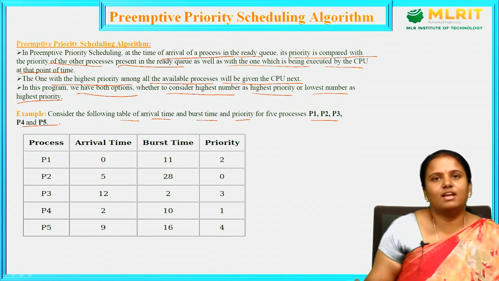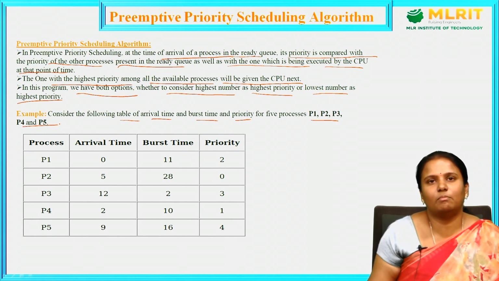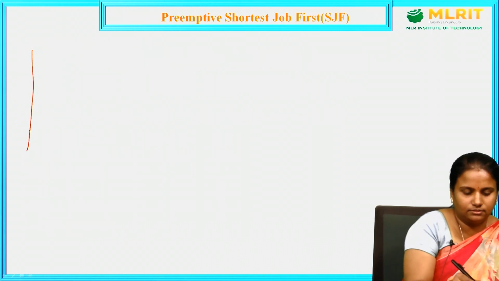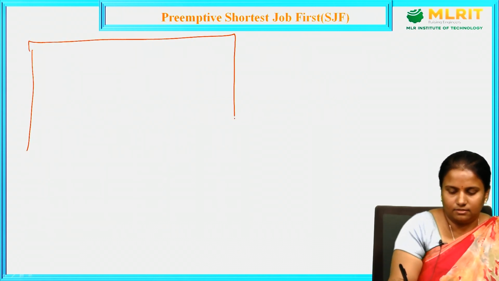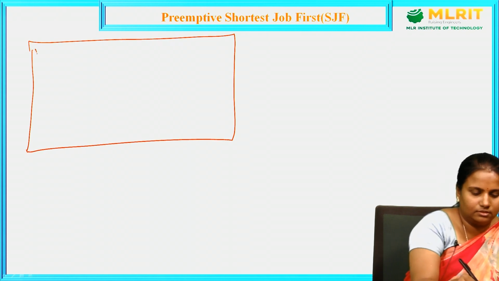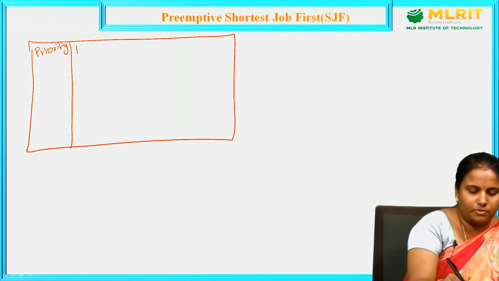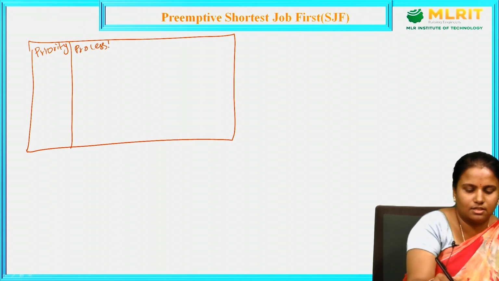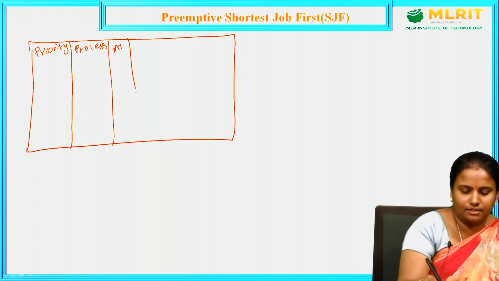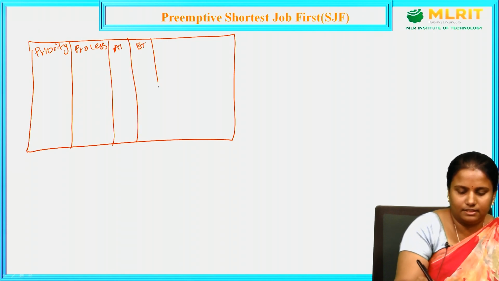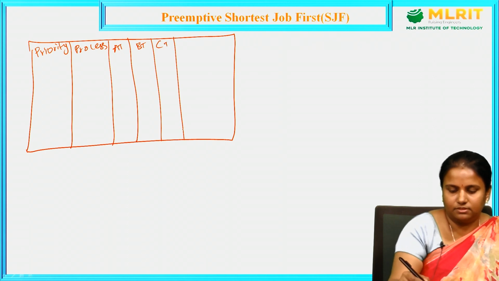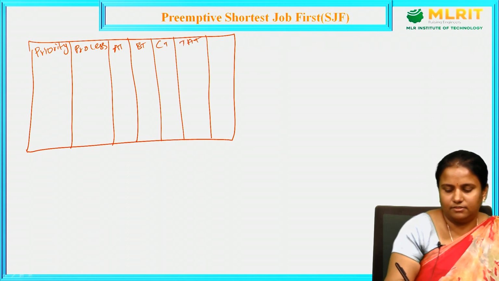In the previous example we saw non-preemptive scheduling based on priorities. In this one we need to check the priorities and burst time, with preemption using a time quantum of 2. The table has the columns priority, process, arrival time, burst time, completion time, turnaround time and waiting time.